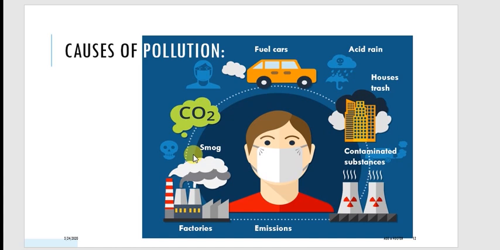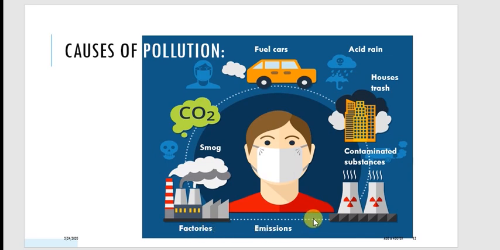We have also a very important vocabulary word here, smog. What is smog? Smog is the toxic smoke from factories. We have the smoke, when it gets mixed with fog. So mixed fog and smoke, we have smog, from factories.